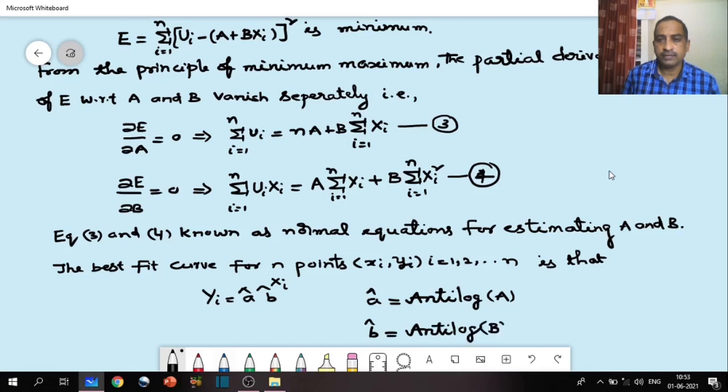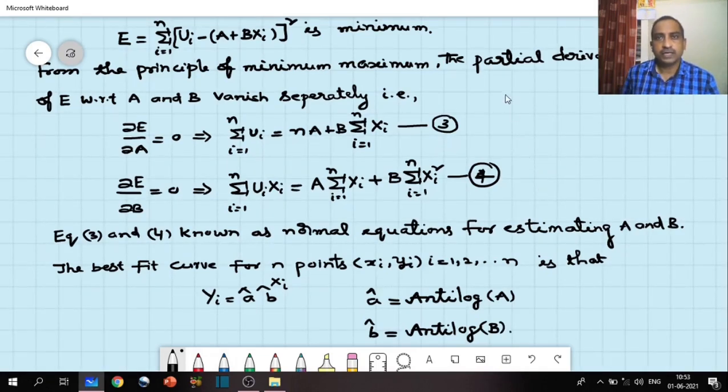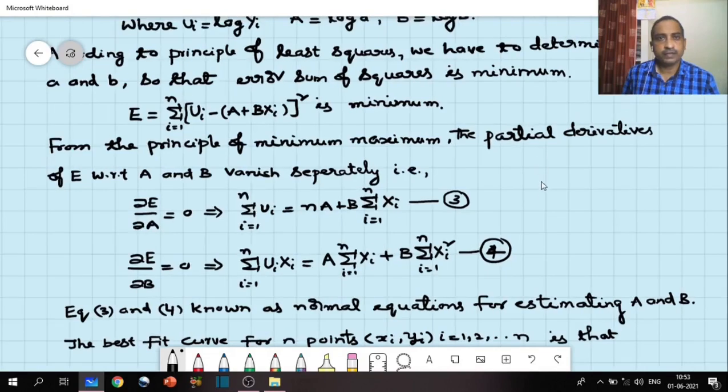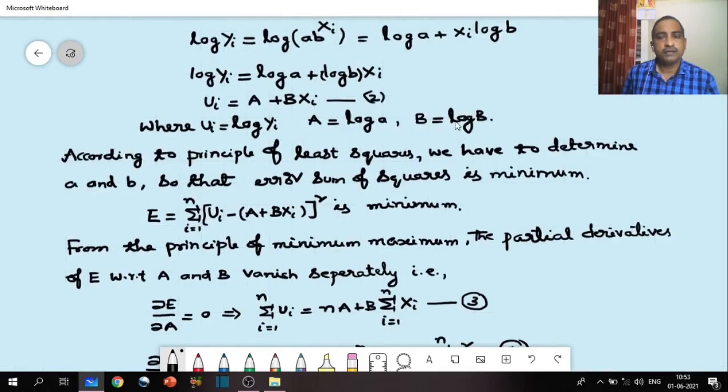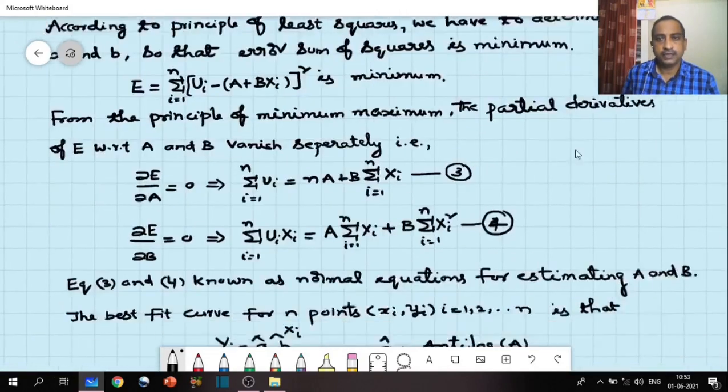Because, as you know, in the first part we wrote A equals log a and B equals log b, right?